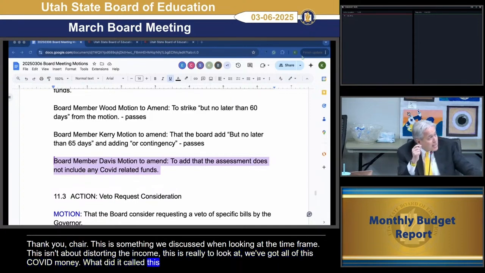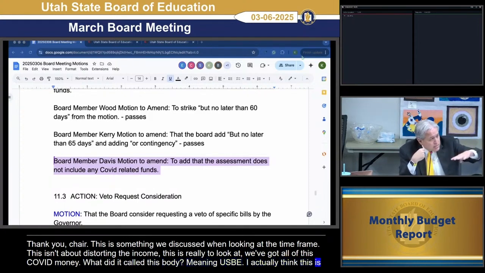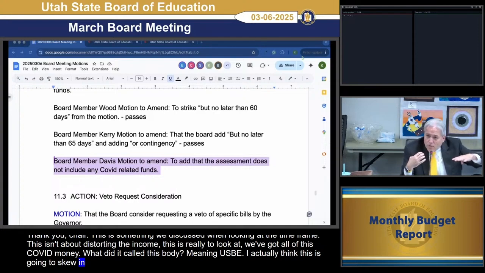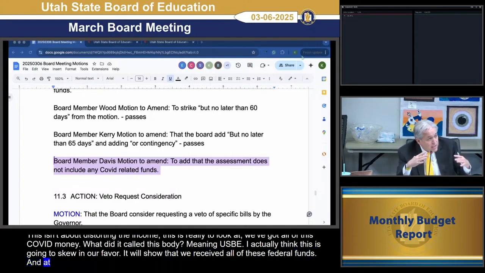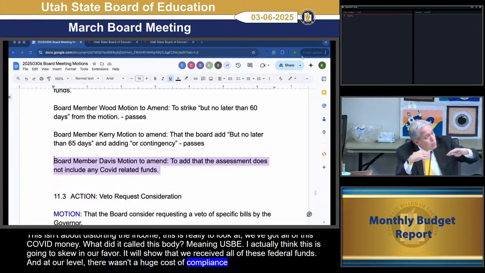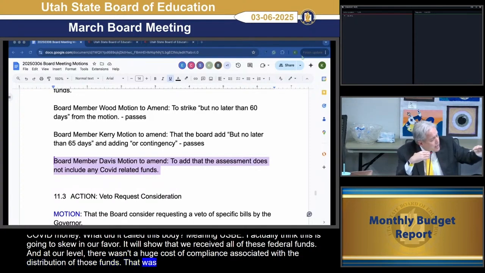I actually think this is going to skew in our favor because it's going to show that we received all these federal funds, and at our level, there wasn't a huge cost of compliance associated with the distribution of those funds. That was, I believe, borne by the LEAs. So we did look at that. I thought it would be important to know, we got these COVID funds, what did it cost this body to comply?